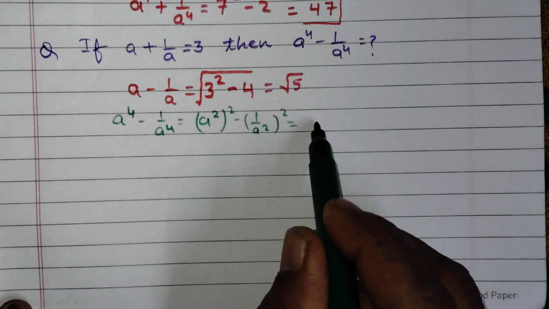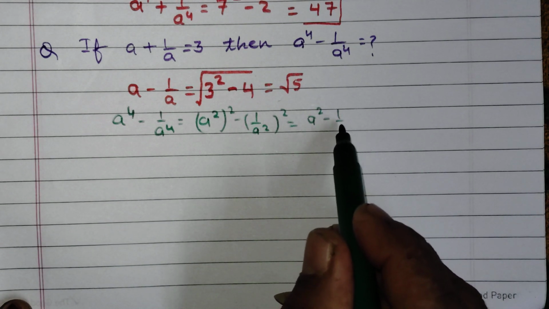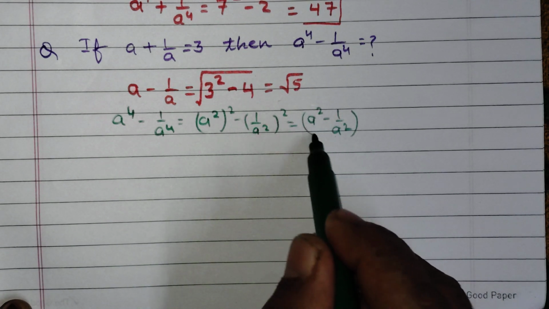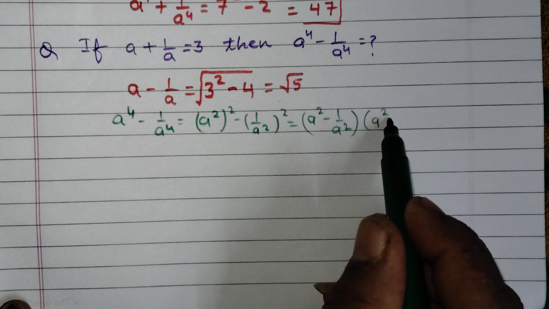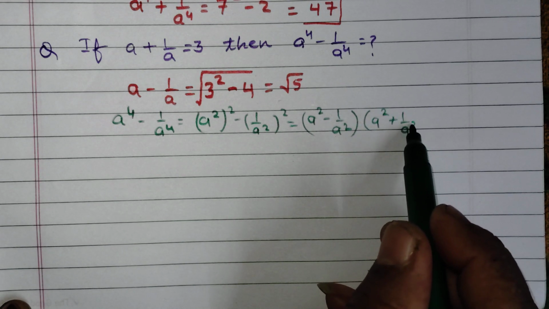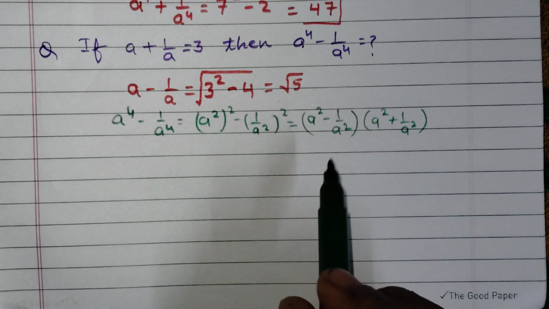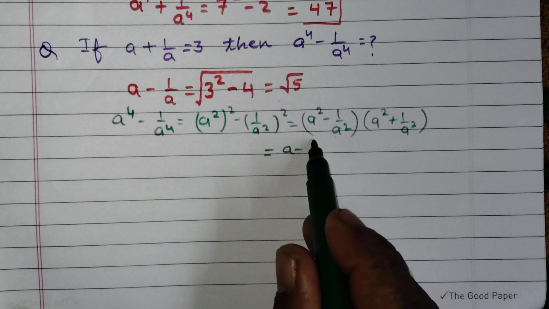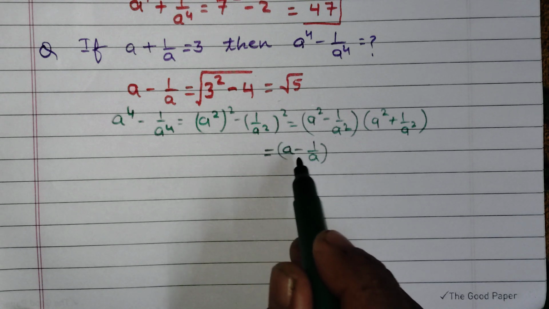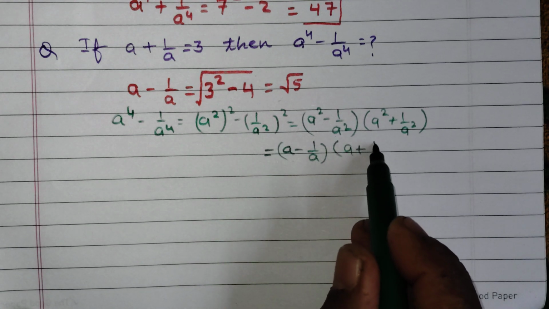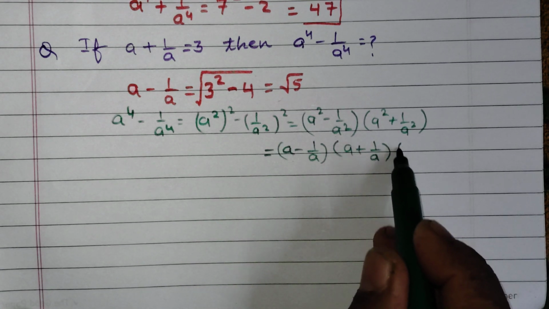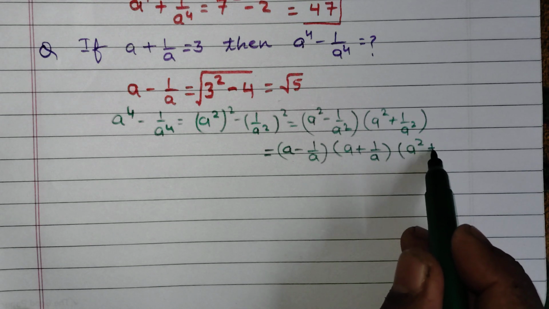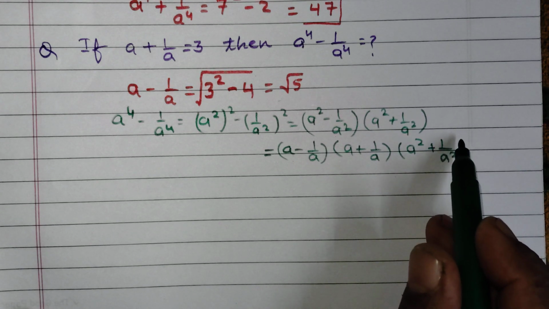Its identity is a square minus 1 upon a square, another bracket a square plus 1 upon a square. A square minus 1 upon a square is further written as a minus 1 upon a, times a plus 1 upon a, and another bracket a square plus 1 upon a square.